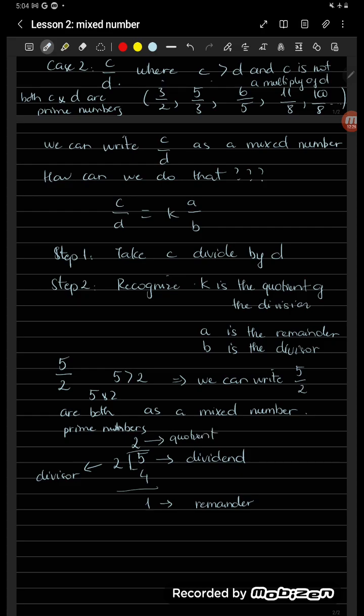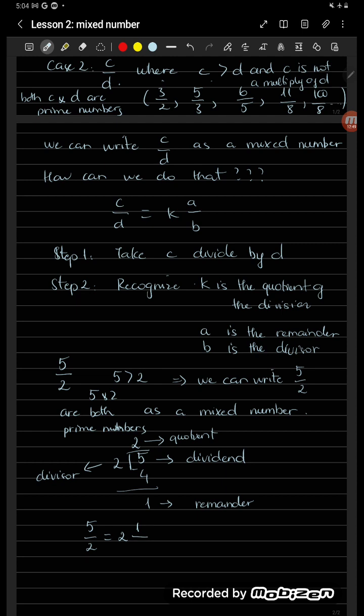So now we can write the fraction 5 over 2, like I said above. Okay, k is the quotient of the division, so the quotient of the division in this case is 2. And a is the remainder, so the remainder here is 1.